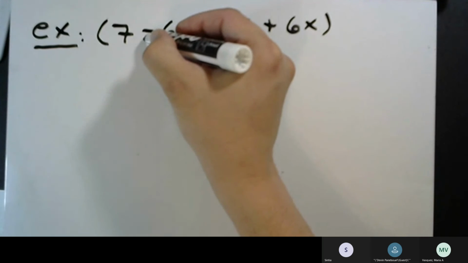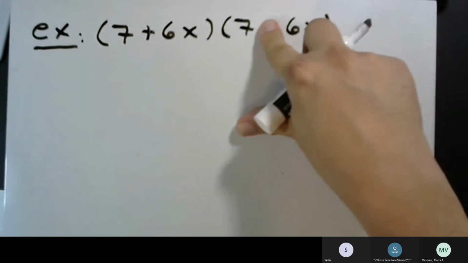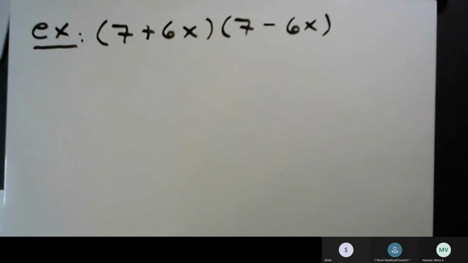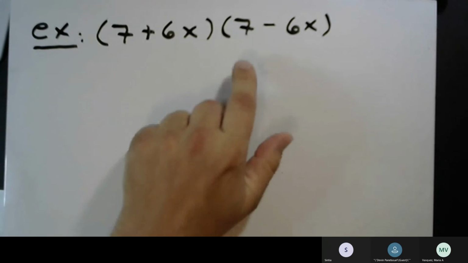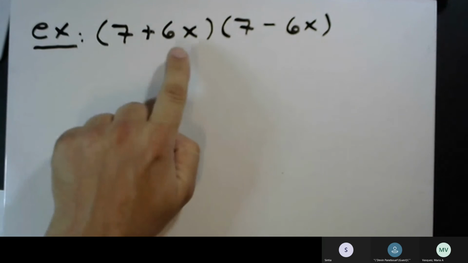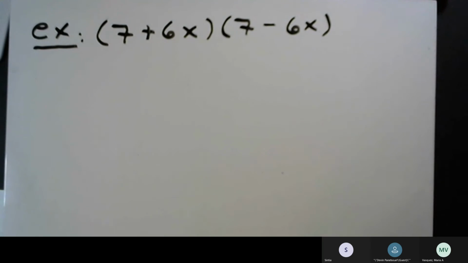Let's do this and this. So again, the order: if you have A minus B, A plus B, or like the one that we did before, I'm sorry, so you have A plus B, A minus B in this one.